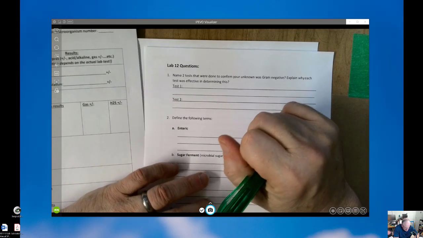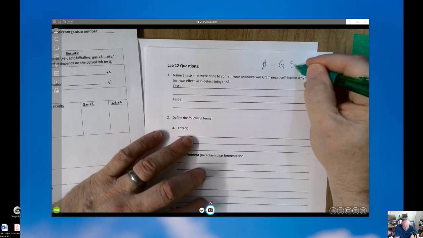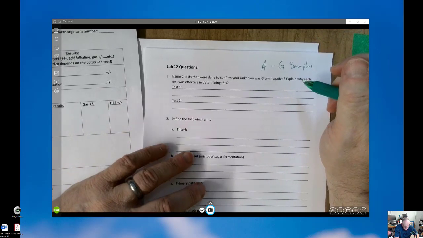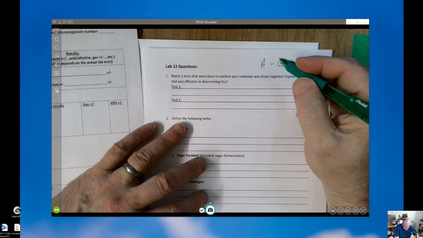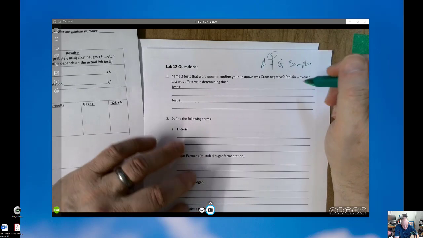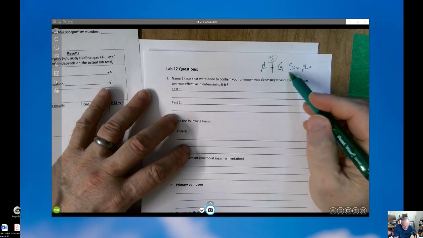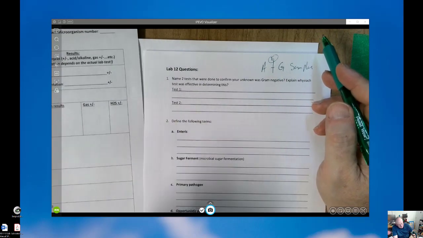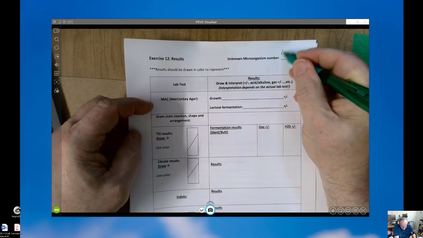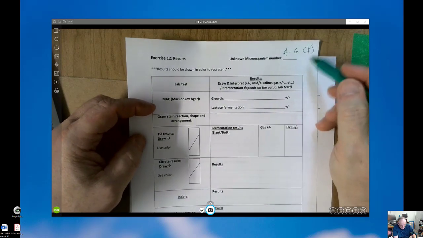There's A through G samples in the TSI actual worksheet part of this, and I filled in one of the examples, I believe it was E, and I gave that example so you could see how it was written. Just choose any of the others, A through G other than E, and use that as your unknown for the unknown sheet here. So just put the letter A through G, and just delete E because I already gave that one.